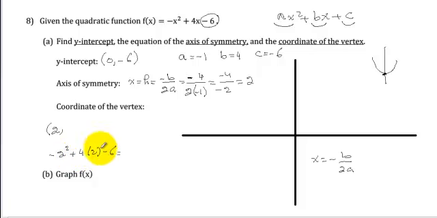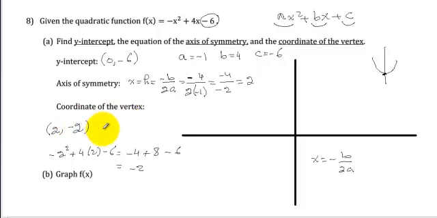Performing the calculation, minus 2 squared is 4, and here we have minus, so it's minus 4, plus 4 times 2 is 8, minus 6. All equals 8 minus 4 is 4, 4 minus 6 is minus 2. So we got y equal to minus 2. So the coordinates of the vertex are 2, minus 2.